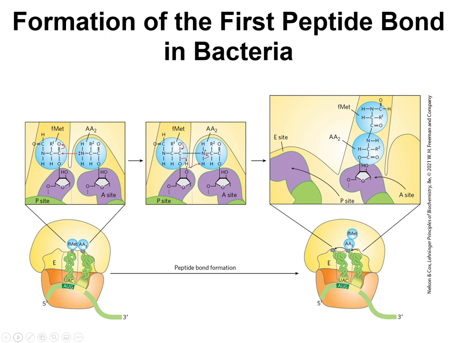So let's look at the formation of the first peptide bond. We can't do this without looking at the chemistry. If you thought we were going to get by without doing that, wrong. Got to look at the chemistry. So we've got a tRNA with our fMet in the P site. We've got our new amino acid.